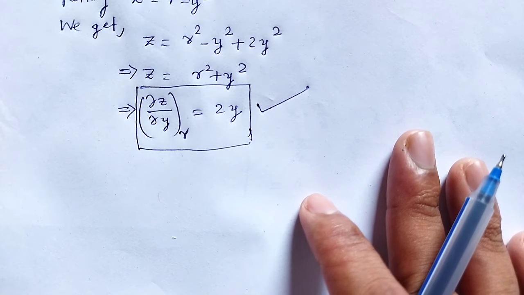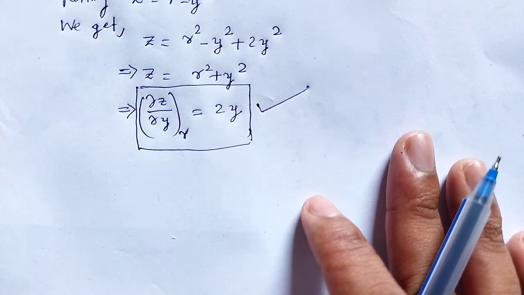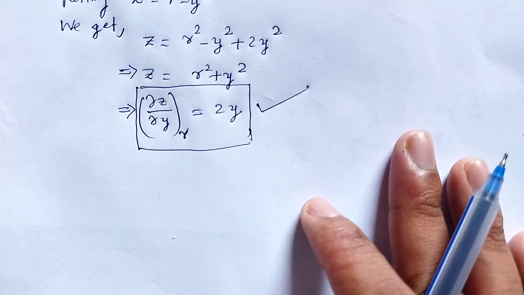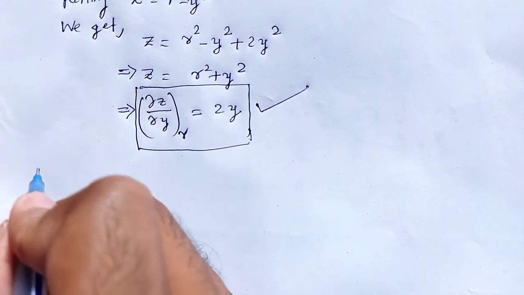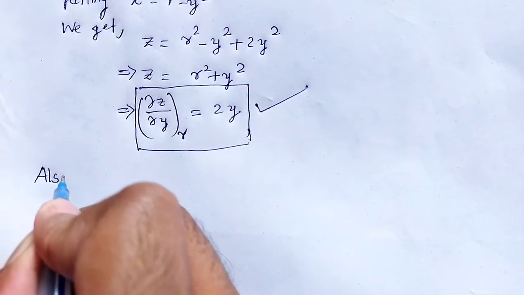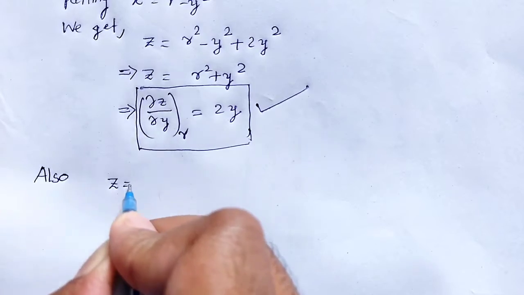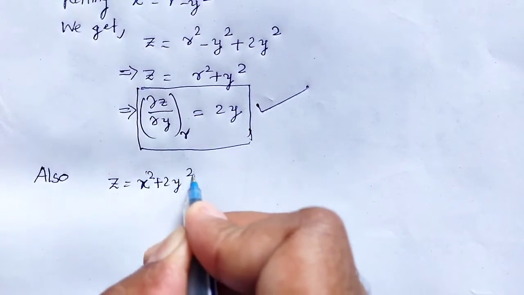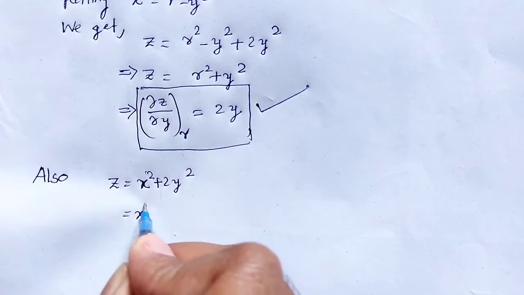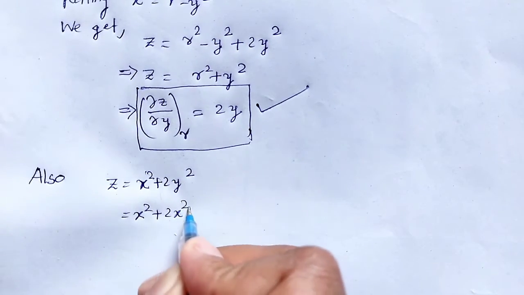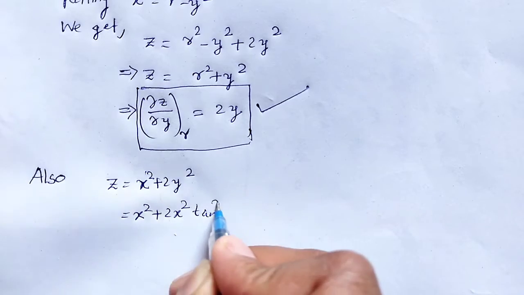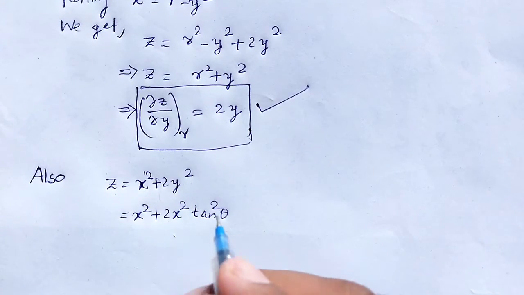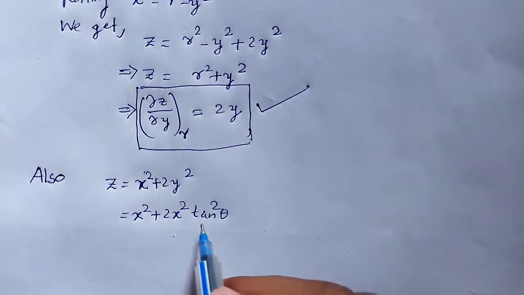Next we find the partial derivative of z with respect to theta whereas x is constant. We know z equal to x square plus 2y square, that is equal to x square plus 2x square tan square theta. In place of y, I write x tan theta.